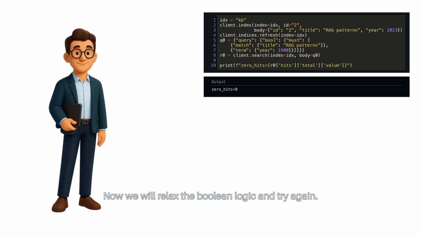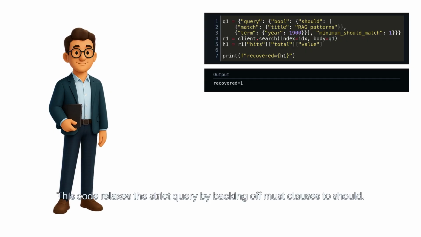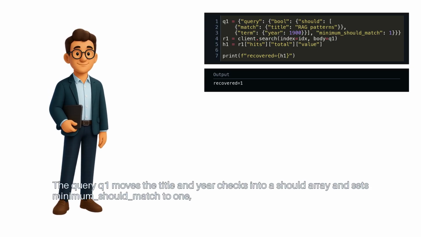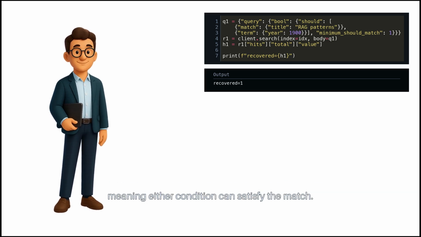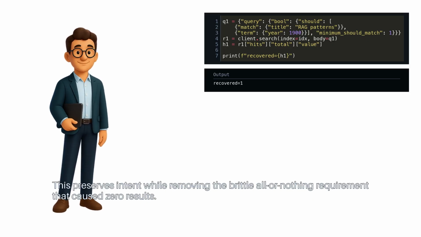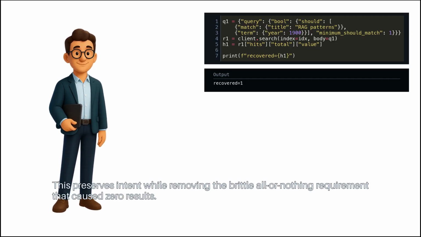Now we will relax the Boolean logic and try again. This code relaxes the strict query by backing off must clauses to should. The query Q1 moves the title and year checks into a should array and sets minimum should match to 1, meaning either condition can satisfy the match. This preserves intent while removing the brittle all-or-nothing requirement that caused zero results.